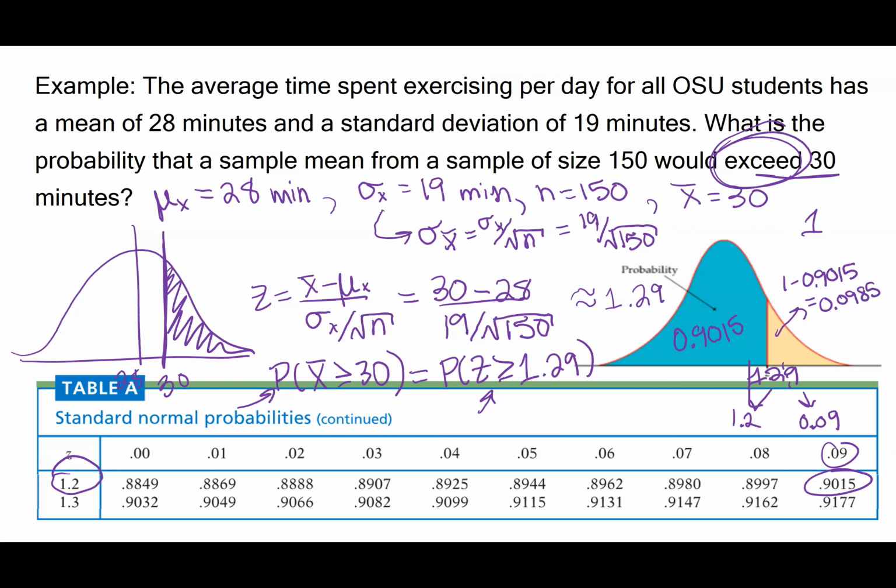And this is where I kind of look at the class and go, check my math, my mental math. That's definitely where I make goofs. So this would be saying, hey, this happens about 9.85% of the time. I take a sample of 150 and I get an average daily exercise time of 30 minutes or higher.